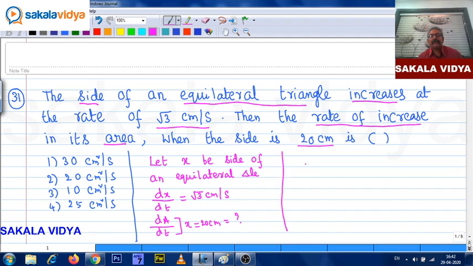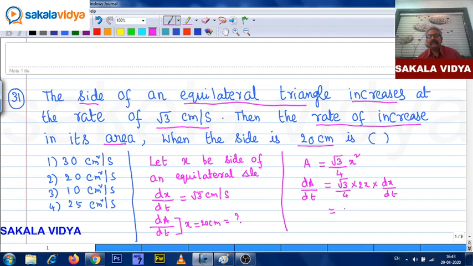First, area of the equilateral triangle is root 3 by 4 side square, that is x square. Am I correct? So now dA by dt equals root 3 by 4 into x square, differentiation is 2x, into dx by dt.